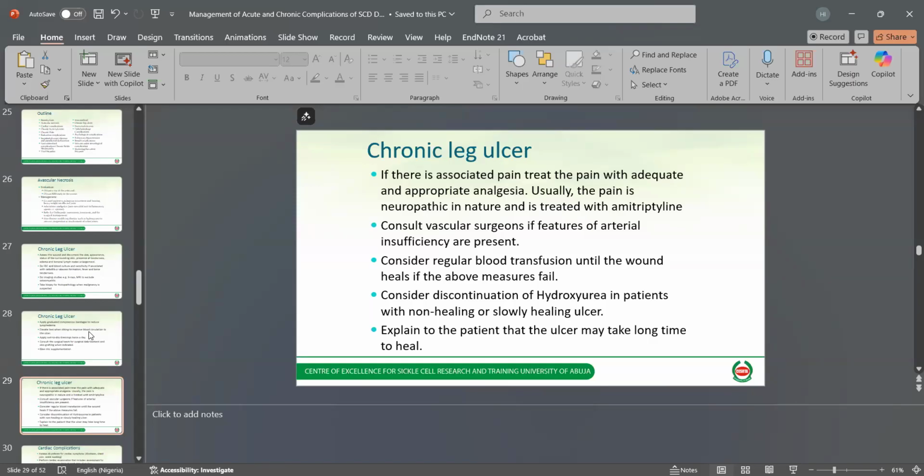Some of the risk factors include too much standing and trekking, which is common among young people that are very active.